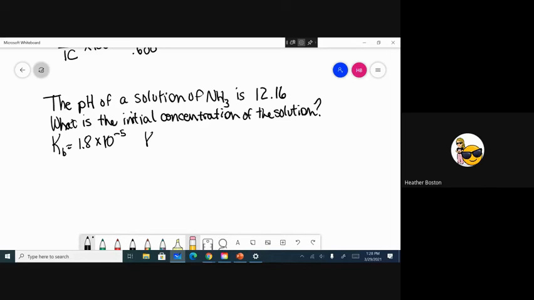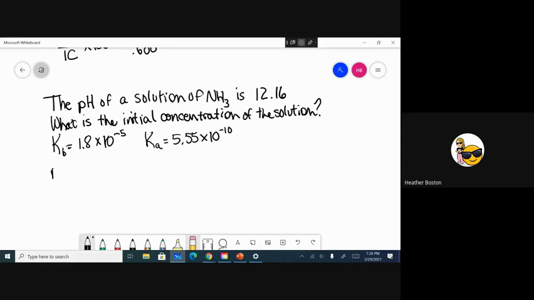I can also calculate the Ka if I needed it, and that would be Kw divided by Kb, or 5.56 times 10 to the minus 10.